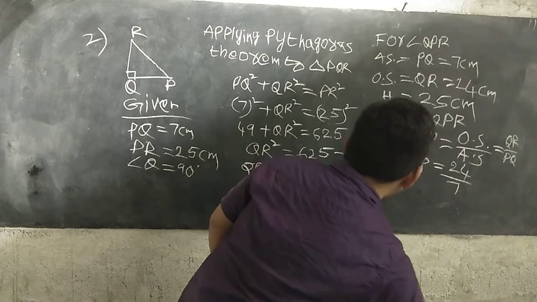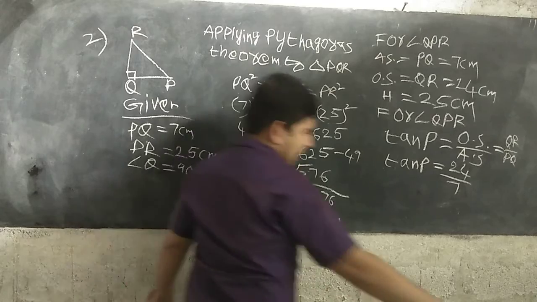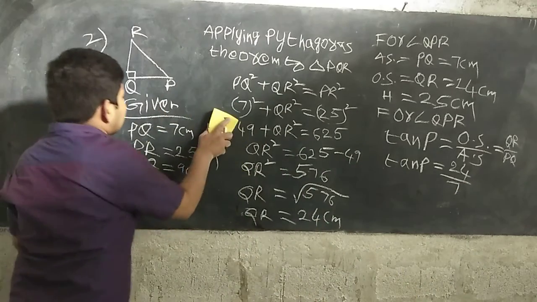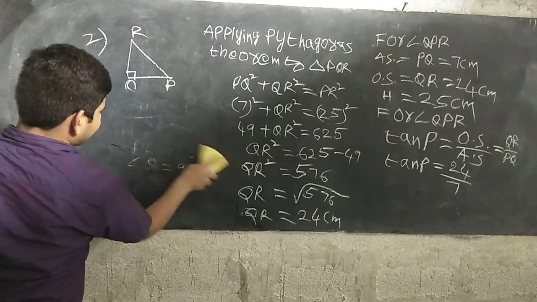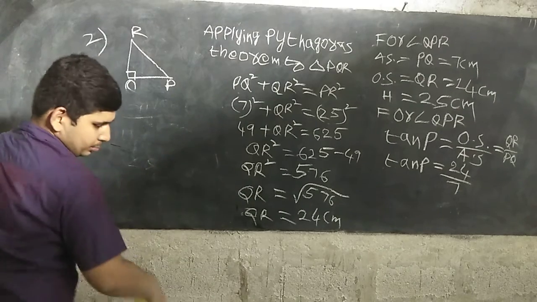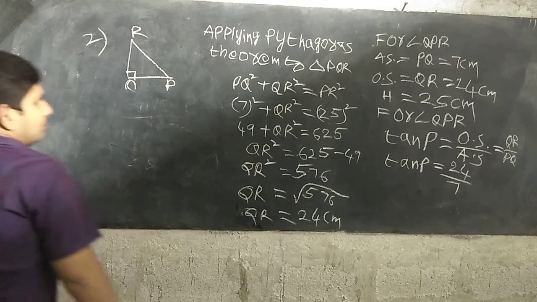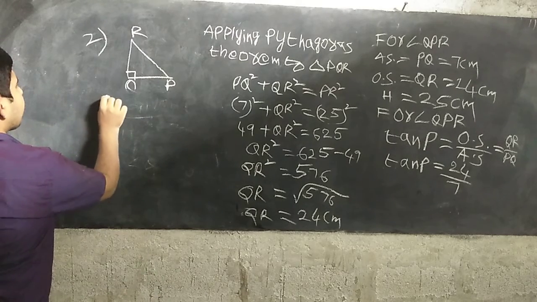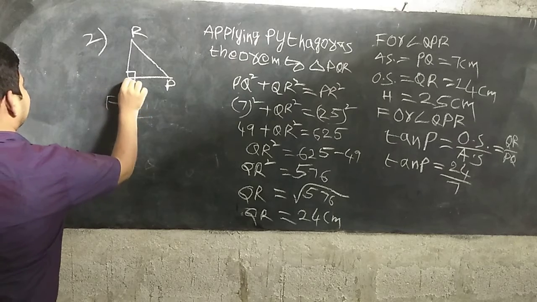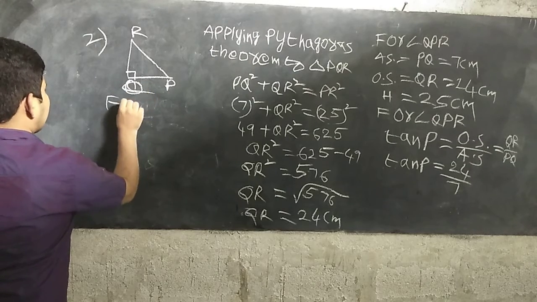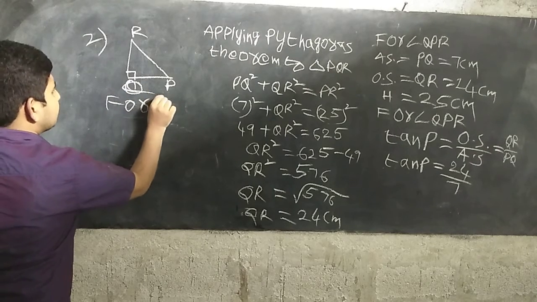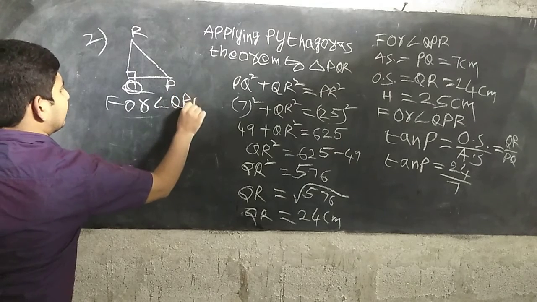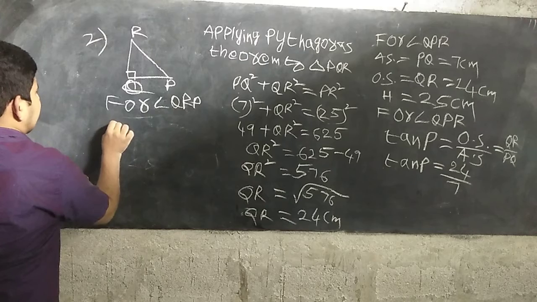Now, next we have to find tan R. Now, for angle QRP, adjacent side equal to what?